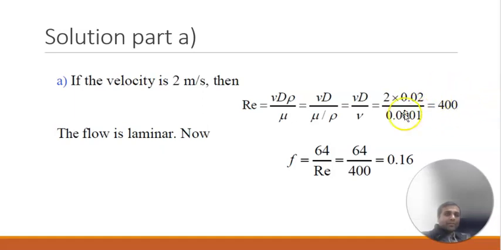When we've got the Reynolds number, we need to find the friction factor. The friction factor is 64 over the Reynolds number. So the friction factor in this case is 64 over the Reynolds number 400, which is 0.16. If you look at the Reynolds number here, it's a lot lower than 2000. So in this case, this is going to be 100% laminar flow.